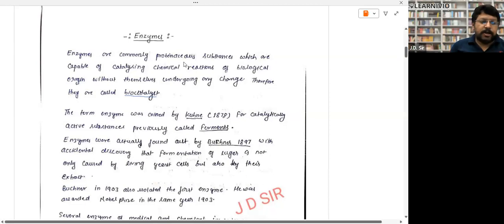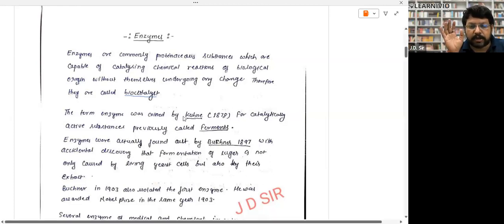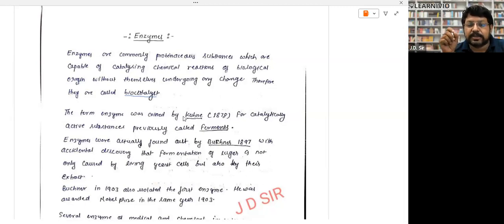Enzymes are commonly proteinaceous substances. There is a statement: all enzymes are protein, but all proteins are not enzymes. That is true. Why? Because sometimes protein works as a hormone, sometimes as an enzyme, sometimes as a structural component.